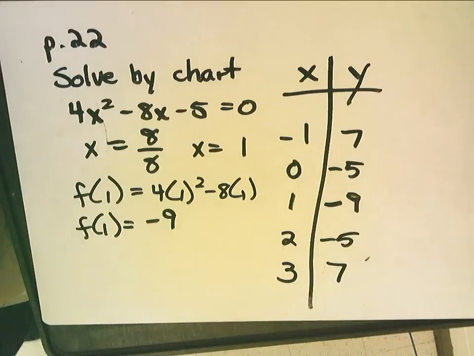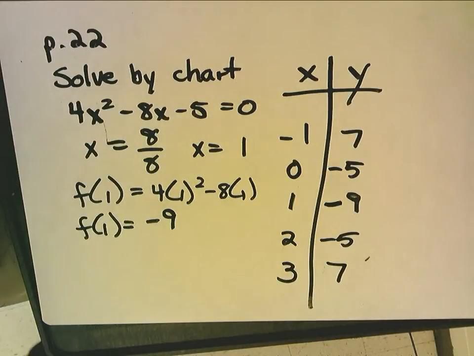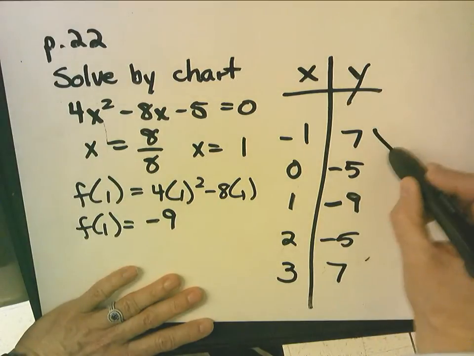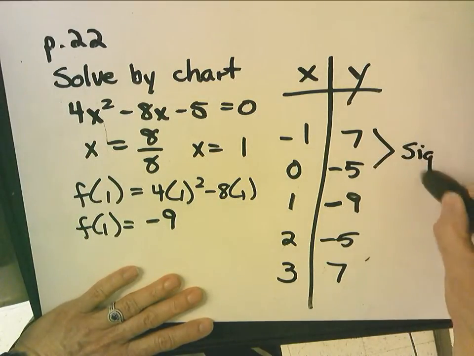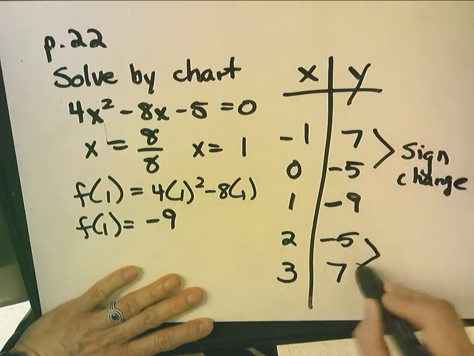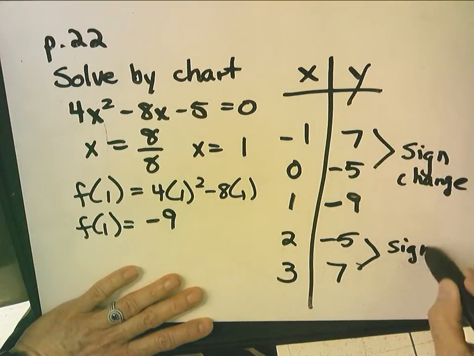Okay, now I see that something significant just happened. I want you to look at the chart and see if you see anything significant. What is significant is there is a sign change in my y values. There's a sign change here. There's a sign change here.